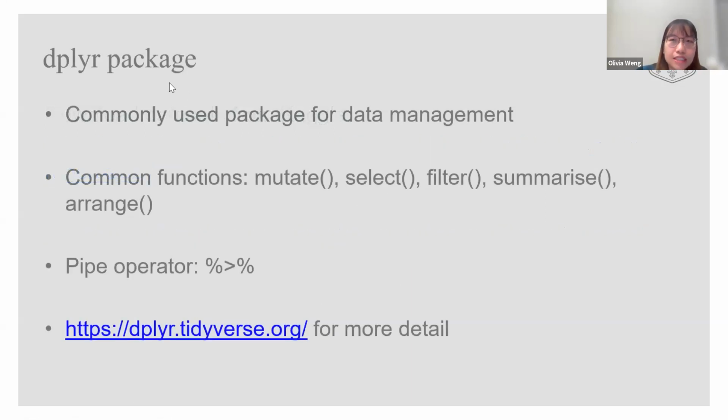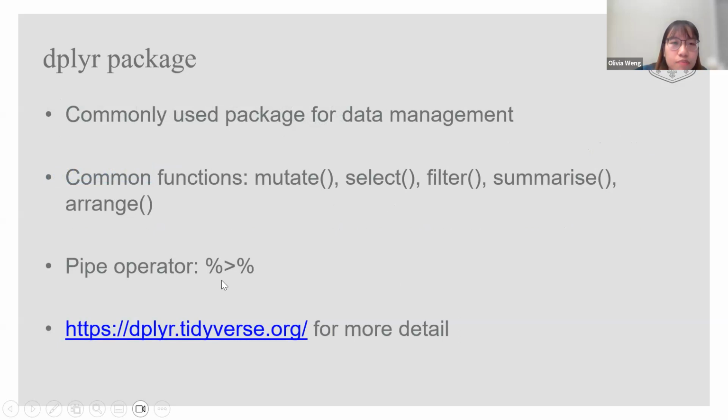So going back to the dplyr package that I mentioned earlier. What is it? It's a commonly used package for data management. Usually these are the common functions: mutate, select, filter, summarize, arrange.